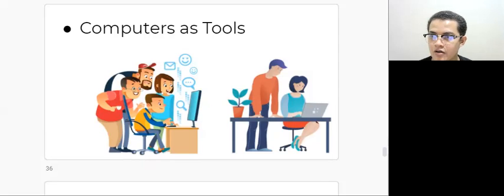Now, on the other hand, we may also encounter the term computer adaptive testing. Now, computer adaptive testing or CAT tends to assess the test-taking pattern of a person.